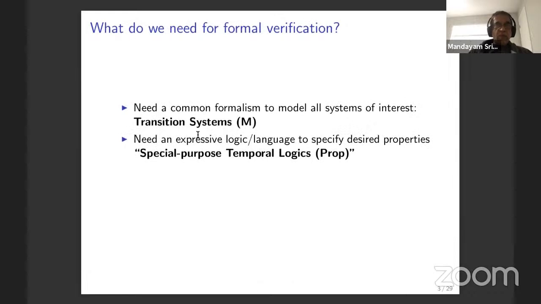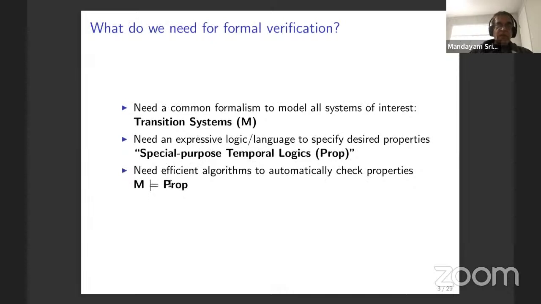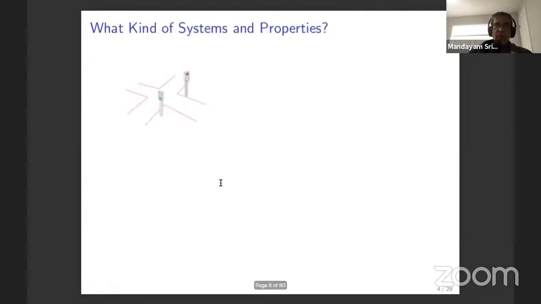As in logic, a model satisfying a property is denoted with this double turnstile symbol. What model checking does is check this automatically, given a model and a property. Model checking is the subject of devising efficient algorithms to automatically check these properties.